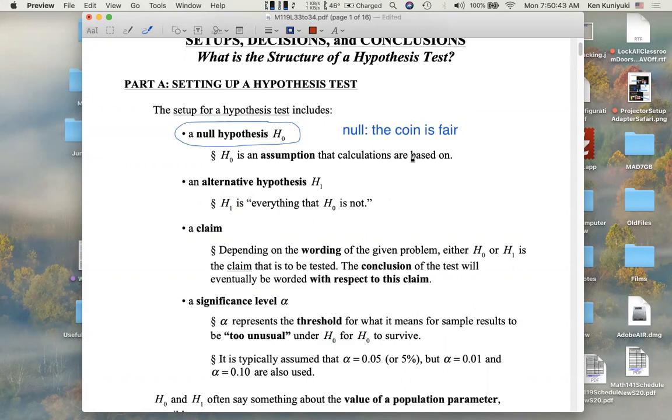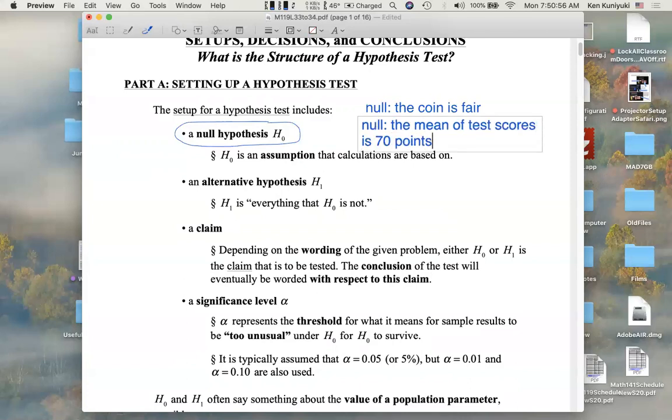Or it could be something like the mean of the test scores in a class is 70 points, something that we can base calculations on.